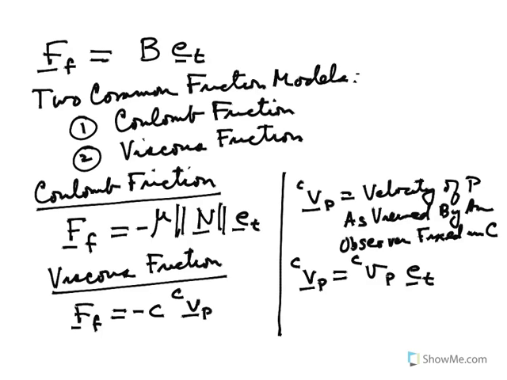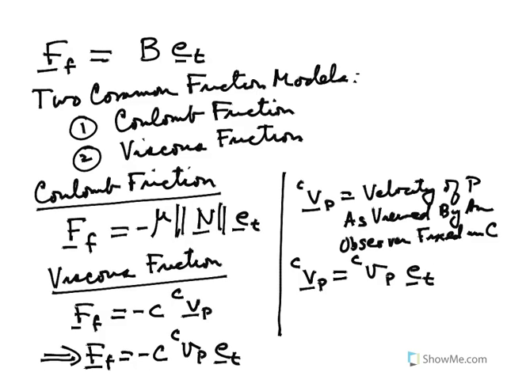So this gives me that the viscous friction force can be written as minus c times the speed relative to the curve times the tangent vector. Now that gives me both friction models for the case of a curve.